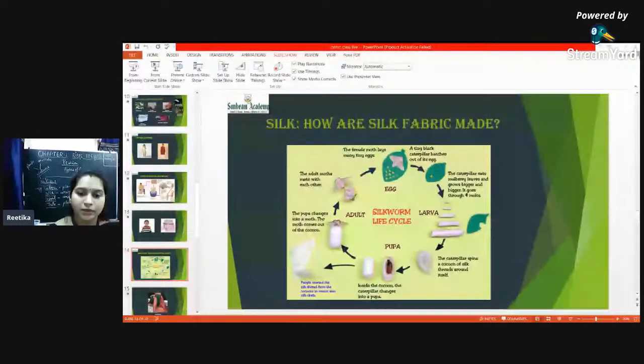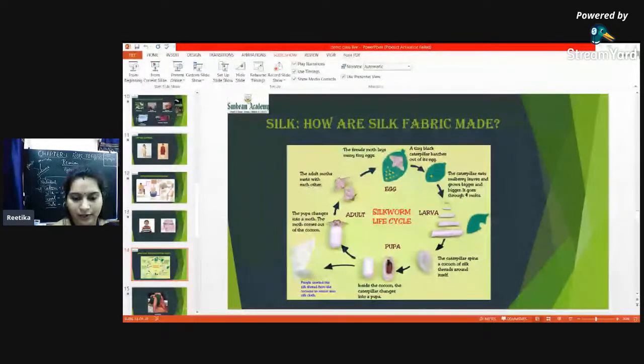Neelam, what is cotton? Beta, cotton is a material. It is a type of fabric which we obtain from the cotton plant. Majnu Singh, winter clothes are made from woolen material, obviously, because it does not allow the air to pass through it.